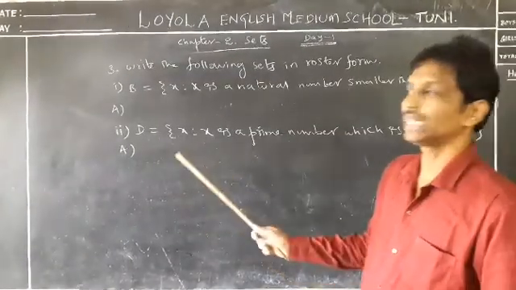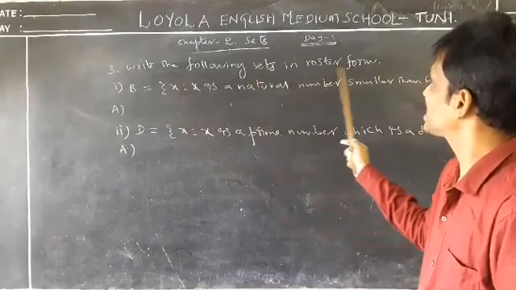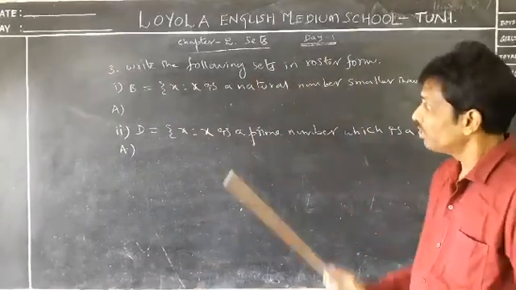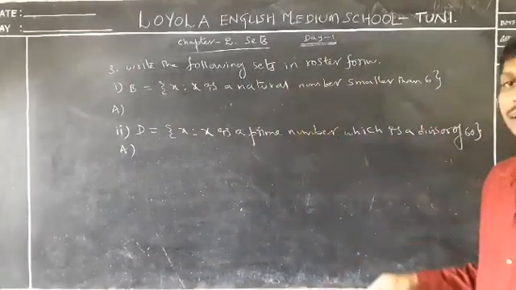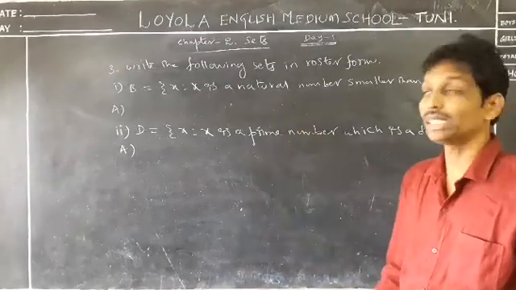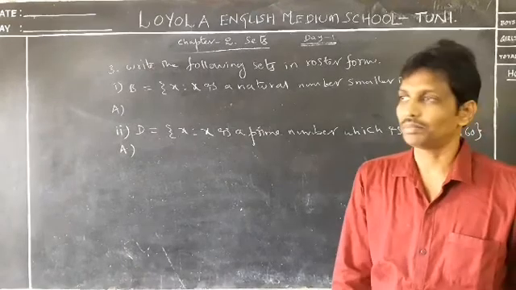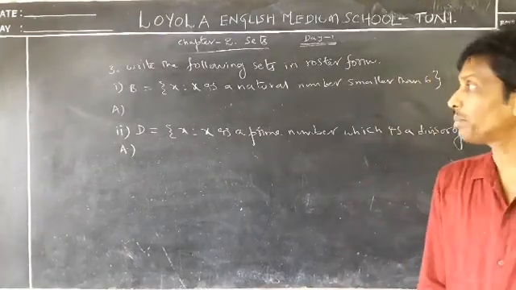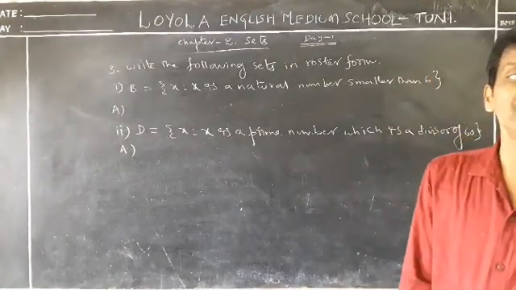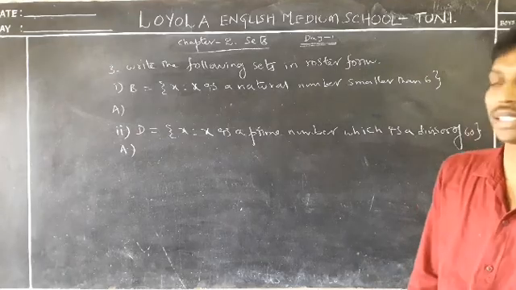Okay, listen, the third question. Write the following sets in roster form. We are asking to represent these two examples in terms of roster form, means these two sets are given in terms of set builder form by representing a particular property between the elements of the concerned set.